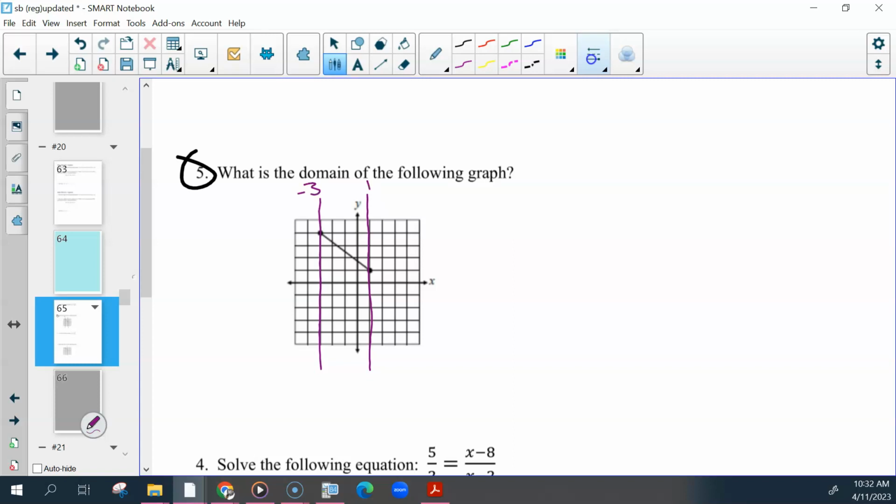You could write that in set notation or interval notation, either or. I'm going to write both. Set notation would be between -3 and 1 with the less than or equal to's because they're both closed endpoints. And then interval notation would both be with brackets since they're both closed endpoints.